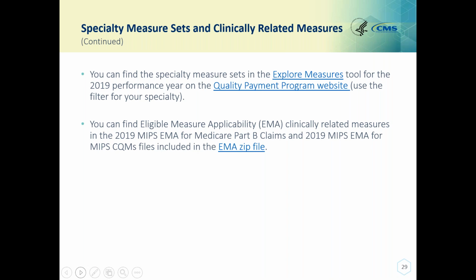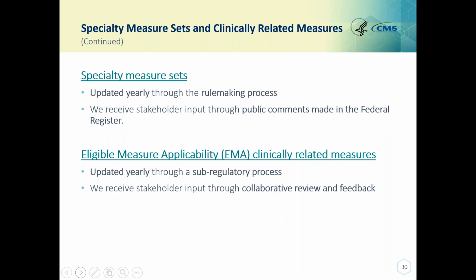Next slide. Measure sets are updated yearly through the rulemaking process, and we receive stakeholder input through public comments made in the Federal Register. And EMMA's clinically related measures are updated yearly through a sub-regulatory process, and we receive stakeholder input through collaborative review and feedback.